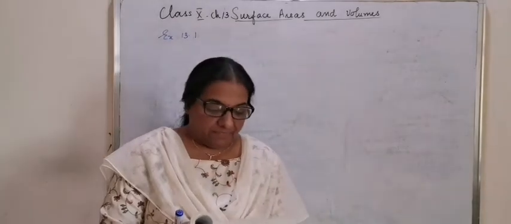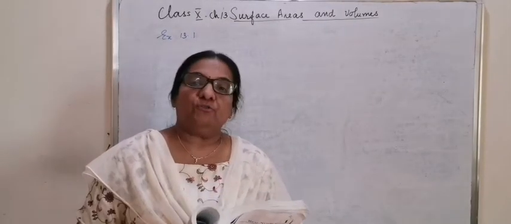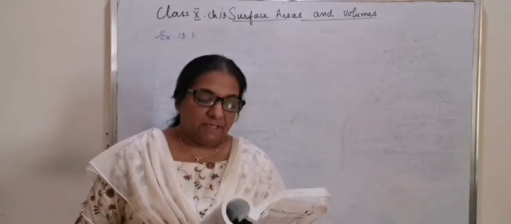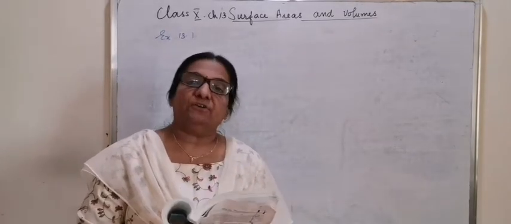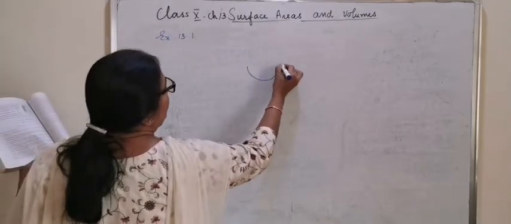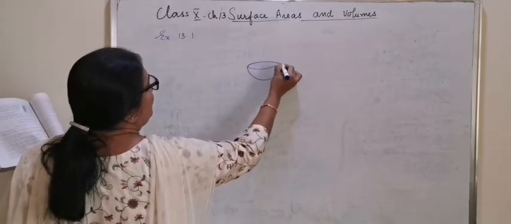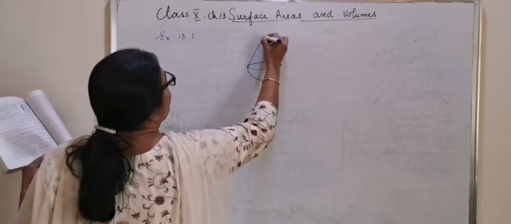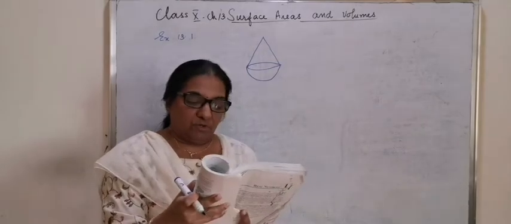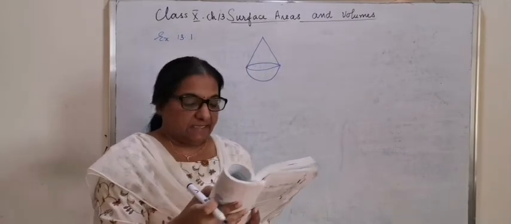Question number 3. A toy is in the form of a cone of radius 3.5 centimeter mounted on a hemisphere of same radius. A toy is in the shape of a cone mounted on a hemisphere. The radius of both the cone as well as the hemisphere remains the same.